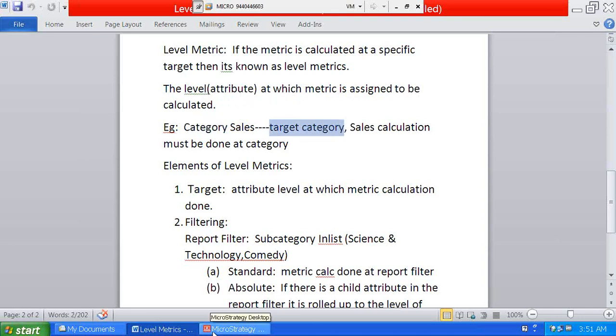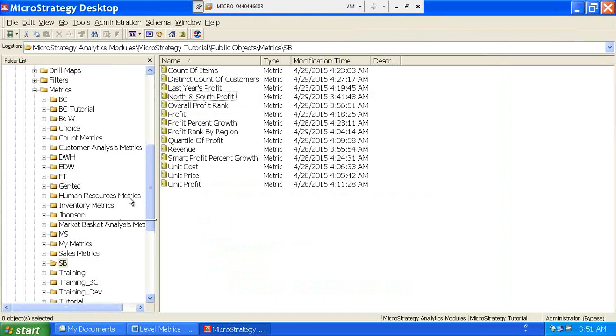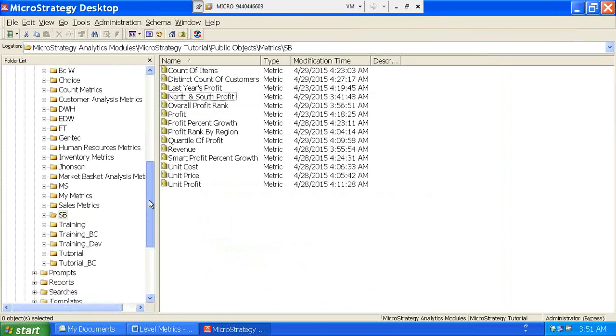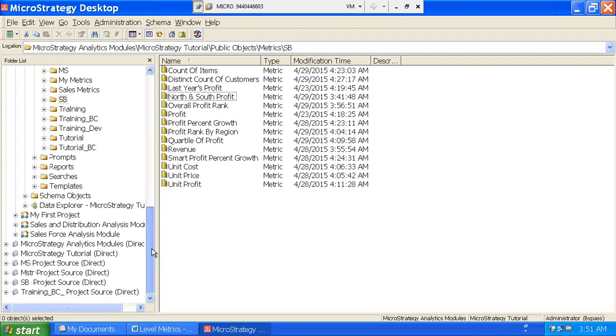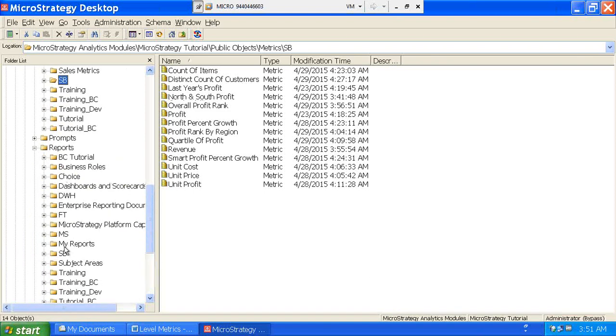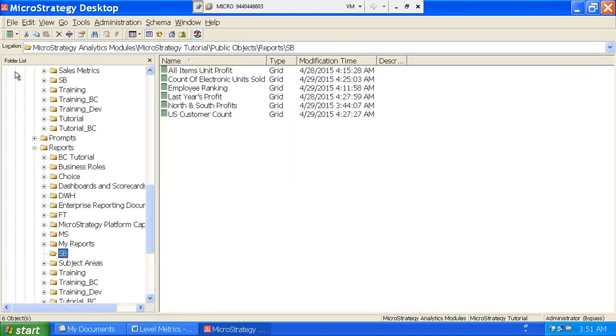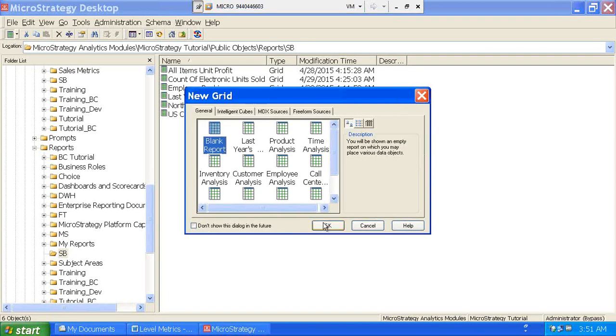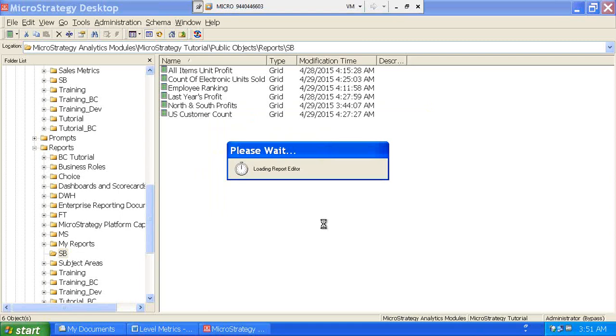So let me show you some examples, then you will understand everything I have explained till now. We will be testing for that. First I will test all the report level cases, then we will come to level metrics.